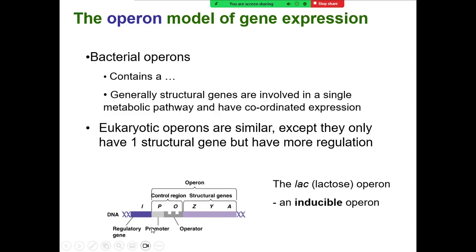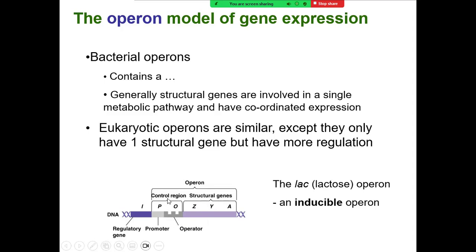And when the polymerase binds to the promoter, it'll then move downstream, and it will eventually transcribe the structural genes, especially the Z gene, which encodes the enzyme lactase.